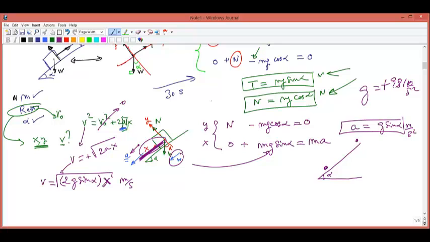They want to figure out the velocity along the inclined plane as it goes down if it has dropped by this distance. That's what they give us. That's what is 2. That means we have to use that information to obtain this distance. That's my x, because that's where I put my positive x axis.